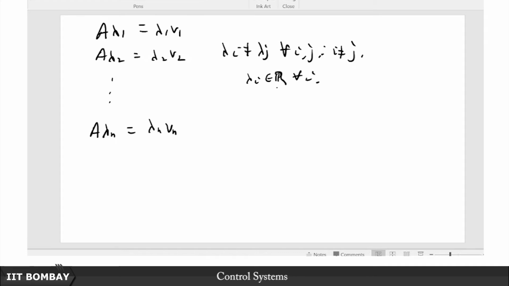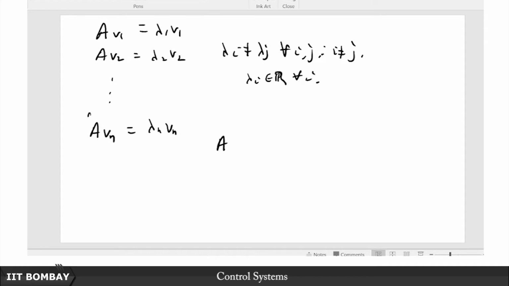Yeah. So now notice that if we write this in this fashion, sorry I have messed up, excuse me. So this is V1, this is V2, this is Vn. So then with this we can now write them side by side.